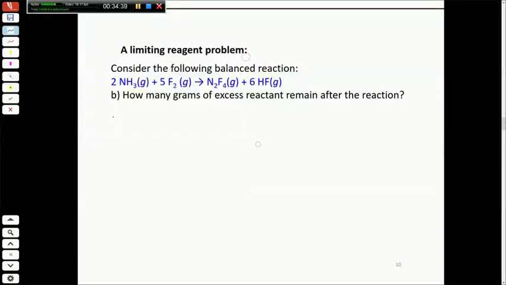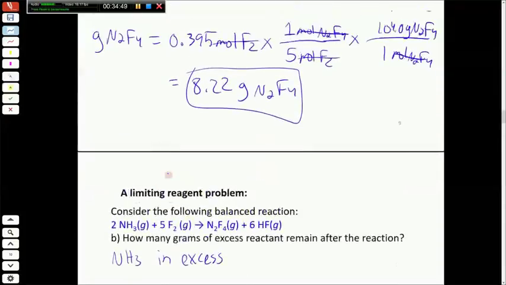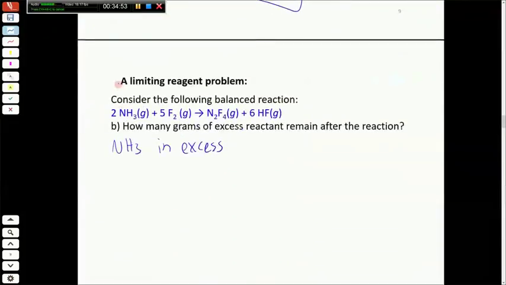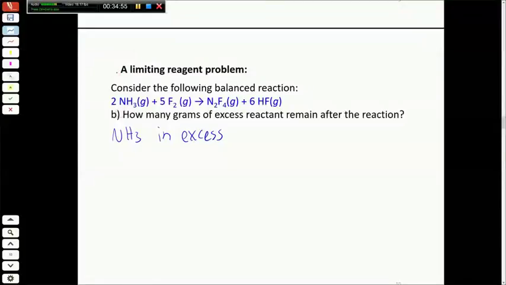Alright, so if F2 is the limiting reactant, that means NH3 is in excess. And what we're going to do is calculate, if we know that there's, again, 0.395 moles of limiting reactant F2, how much of our NH3 is going to react with that? So we're going to look for the mass of NH3 that's consumed in the reaction first. So we have 0.395 moles of limiting reactant.